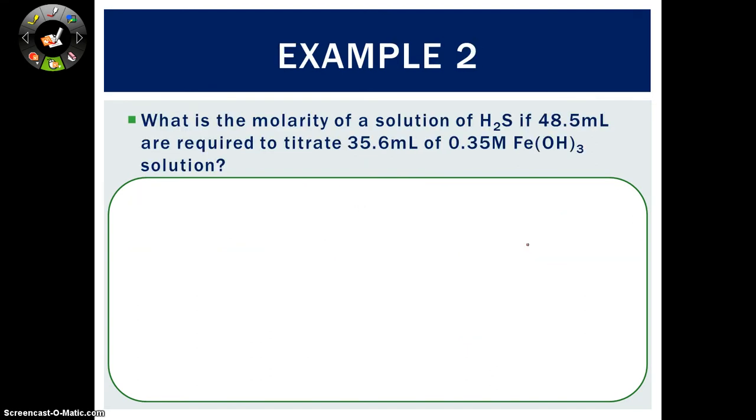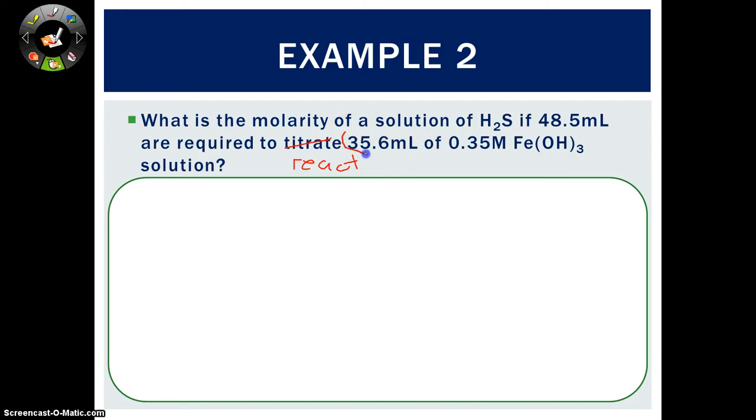Let's do another one. Now I want to know what's the molarity of a solution of H2S, or hydrosulfuric acid, if 48.5 milliliters are required to titrate. Titrate's another word for react. 35.6 milliliters of 0.35 molar iron hydroxide. Okay, so this is my given.